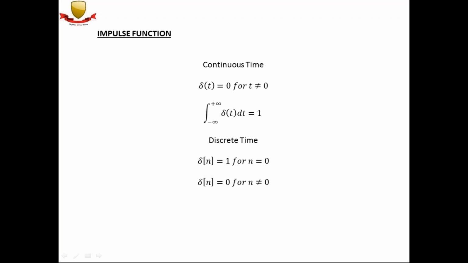This simply means that the total area under the unit impulse function is unity. In discrete time, delta[n] is equal to 1 for n equal to 0, and 0 for n not equal to 0.